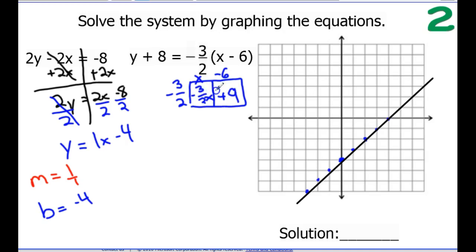Oh wait, sorry, it's not positive 9. Yes it is, sorry, positive 9. So then what we get is y plus 8 equals negative 3/2 x plus 9.